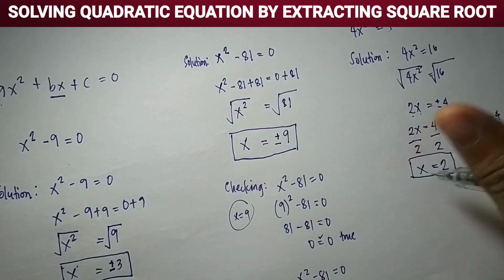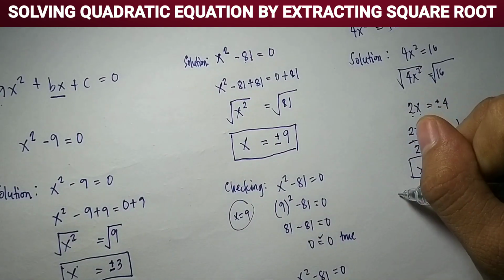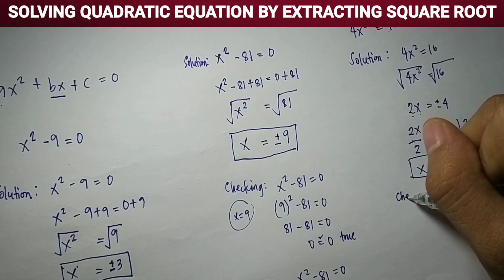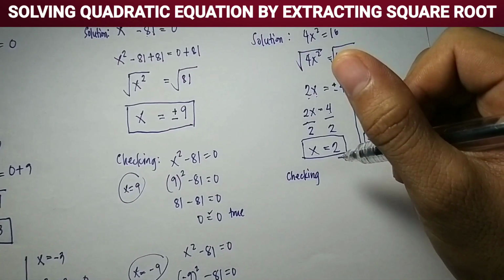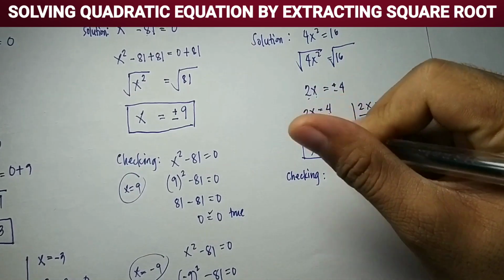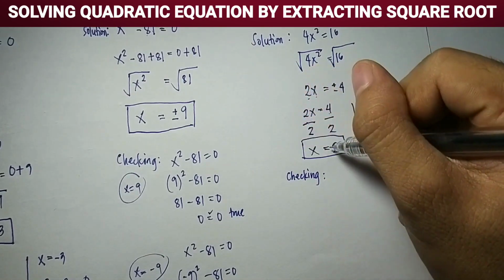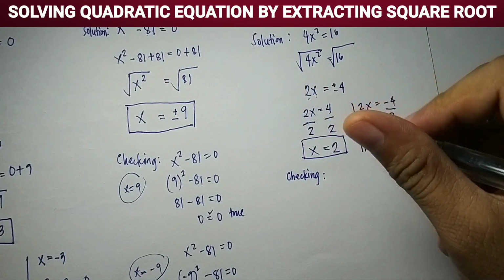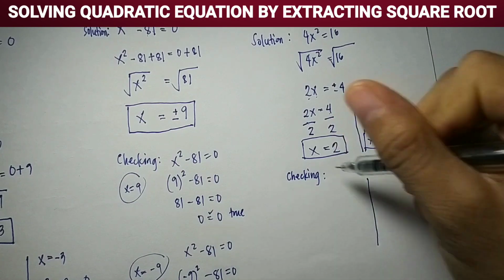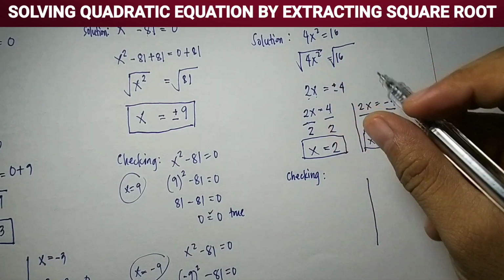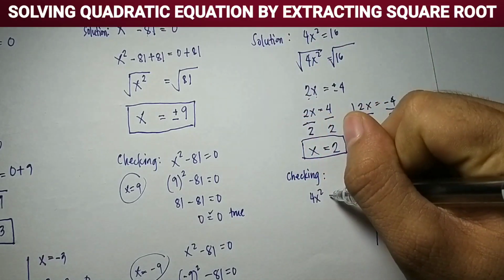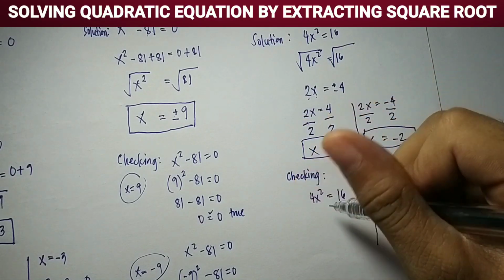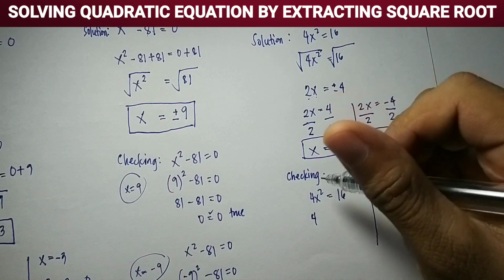So atong i-check kung insakto ba atong solusyon nga negative 2 ug positive 2. So we will start sa positive 2. Balik ta sa given, 4x squared is equal to 16. So we have 4.